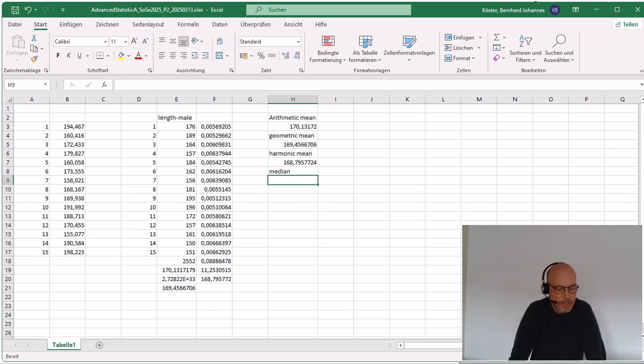What do you have to do if you want to calculate the median of a sample? I hope you have talked about the median of a distribution in your introductory courses. And in general, you should know what a median is.